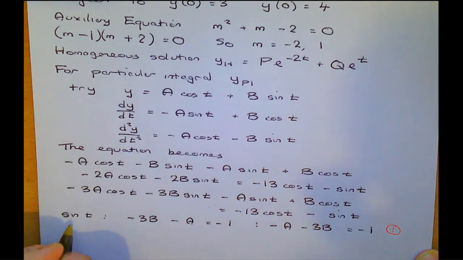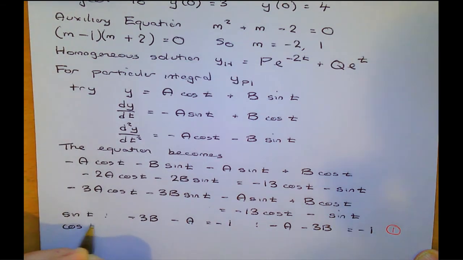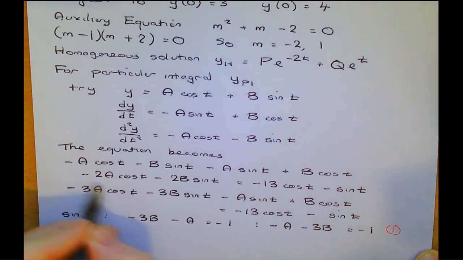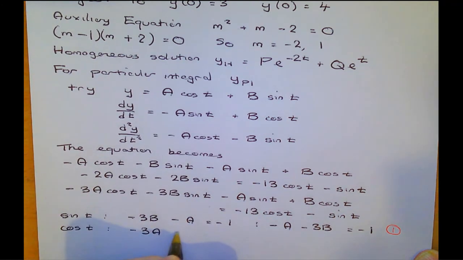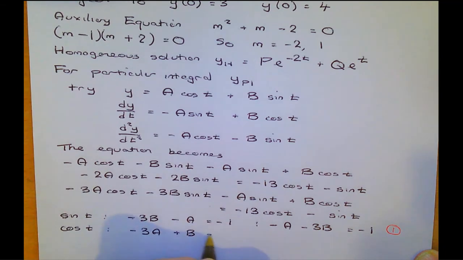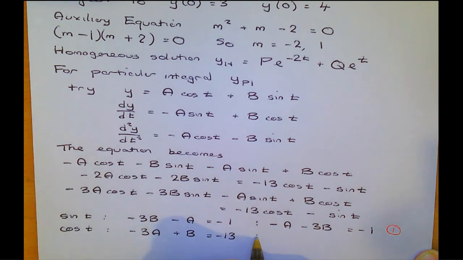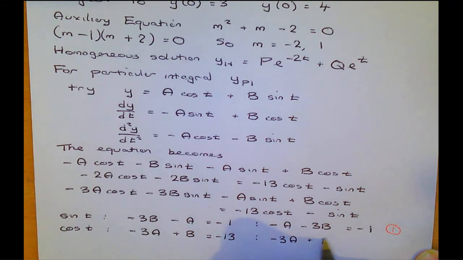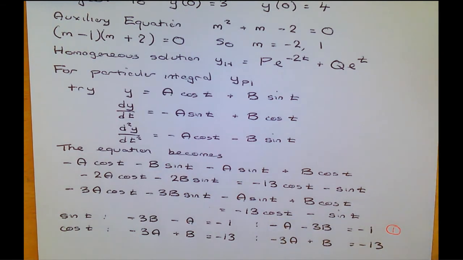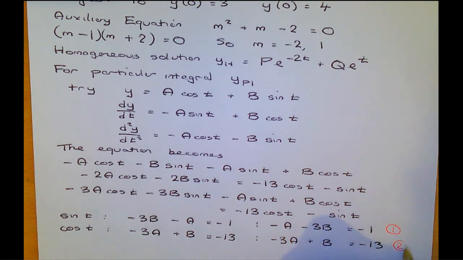As far as the cosine is concerned, minus 3a plus b is equal to minus 13. So transfer this one over to here. And that can be called equation 2.